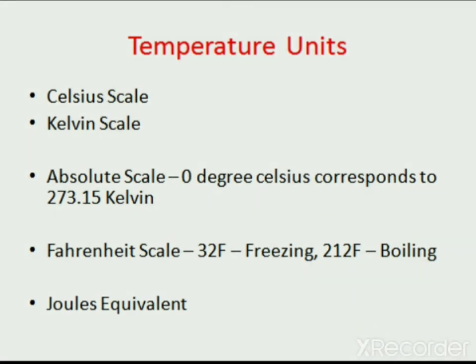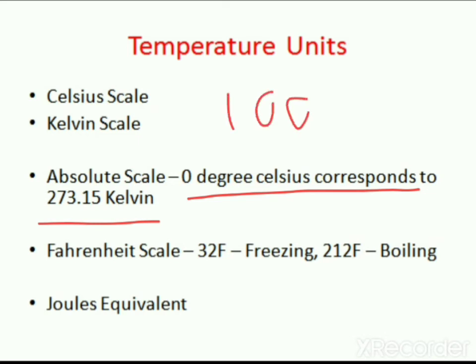The Kelvin scale starts at absolute zero of temperature corresponding to minus 273.15 degrees Celsius, which means that 0 degree Celsius corresponds to 273.15 Kelvin and 100 degree Celsius corresponds to 373.15 Kelvin.